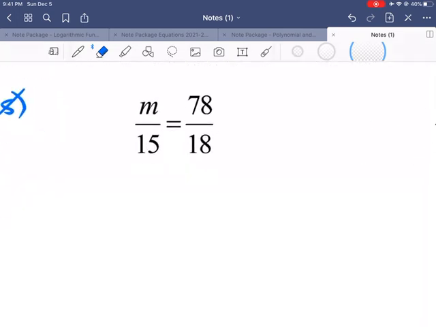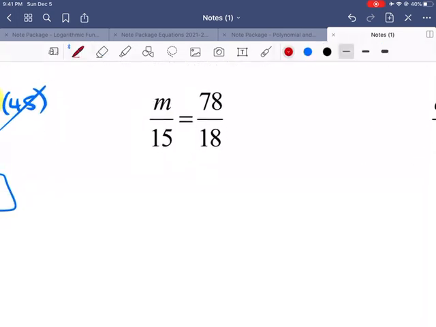Here's another one. m over 15 equals 78 over 18. So we need to multiply by 15 to isolate m. And what we're doing to one side, we're going to do to the other. So that simplifies to 1, and you get m equaling 78 multiplied by 15 divided by 18, which is 65.